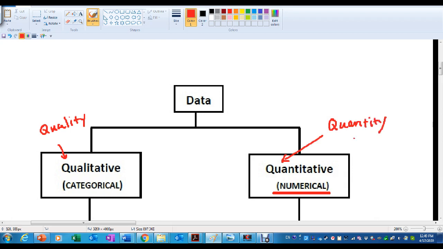Quality in our daily life normally means how good or how bad something is, and quantity is about how many or how much of something. So quantitative data means data which can be recorded by numbers. That's why we have another name for it: numerical data.